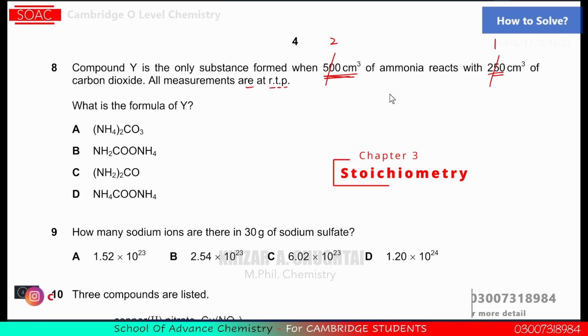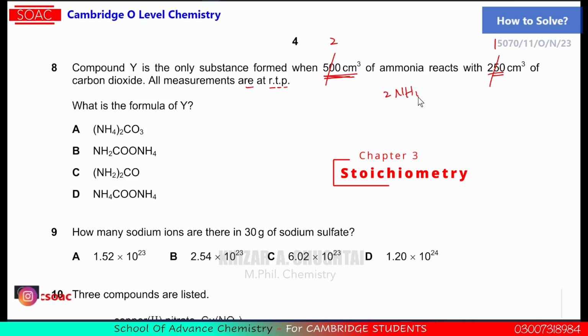As it's an MCQ, there is no need to show any working or calculation. So 2 moles of NH3 react with 1 mole of CO2, that is 2 volumes of NH3 and 1 volume of CO2.